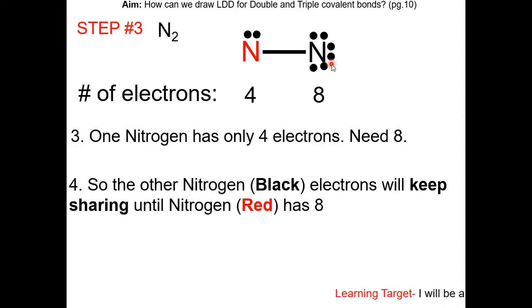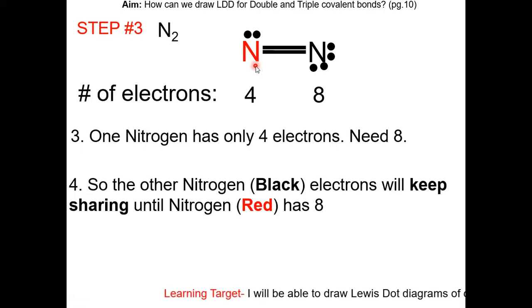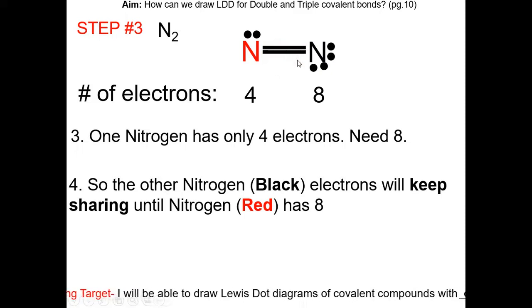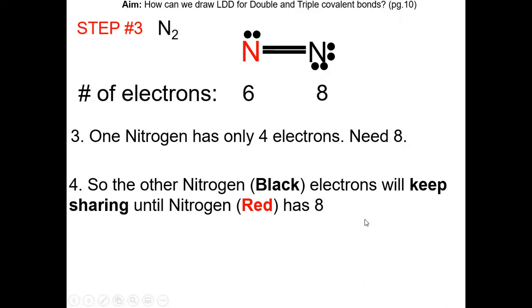So first, let's share 2 electrons. Now we have a double bond. Let's count to see if the red nitrogen has 8 electrons now. It has 1, 2, and is sharing 1, 2, 3, 4, so the total is 6. So it still does not have 8, so the black nitrogen has to keep sharing.